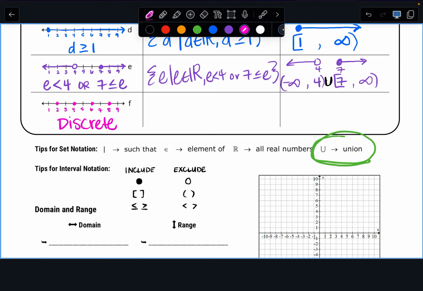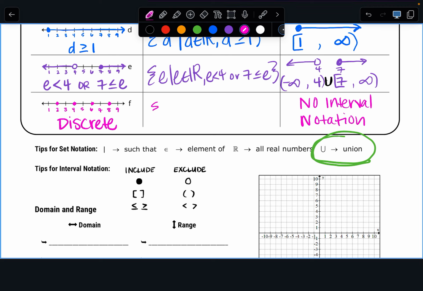So in the case of having discrete data, since there is no connection point for these values, there is not going to be any interval notation. So if you ever look at a graph and it's just a bunch of points, like a scatter plot, not going to have interval notation.